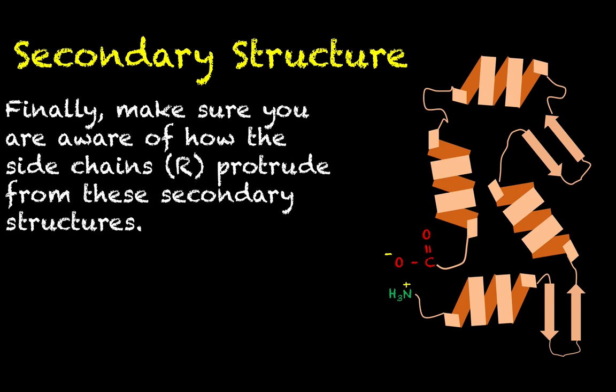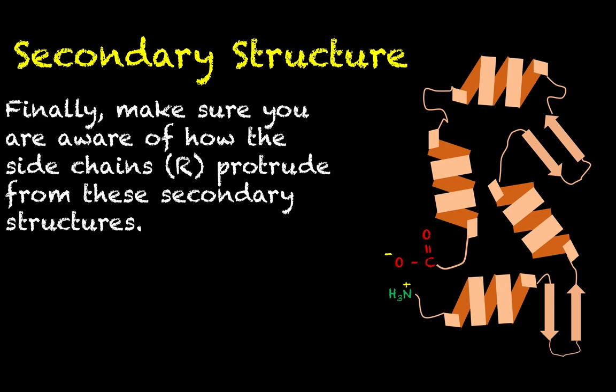And then finally, you want to make sure you are aware of how the side chains protrude from these secondary structures. In the case of the alpha helices, they tend to stick out at a 90-degree angle, so they're just going to stick straight out, like I'm kind of indicating with my mouse here. And then similarly, they protrude out in a similar way from the beta sheets.